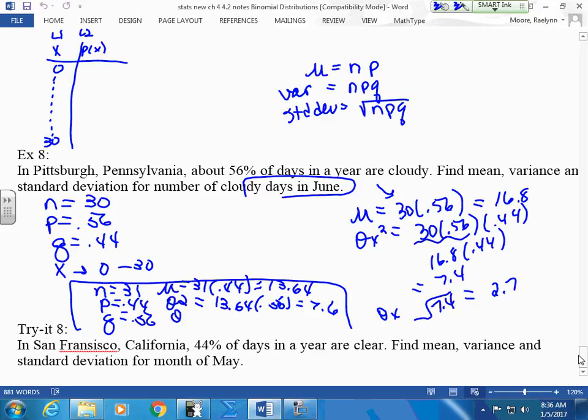And then your standard deviation, just take the square root of 7.6. And somewhere, I don't have that answer, like 2.7 or something like that. Somewhere around there. 2.76, something around there. 2.8, 2.7. I'll go with 2.8.